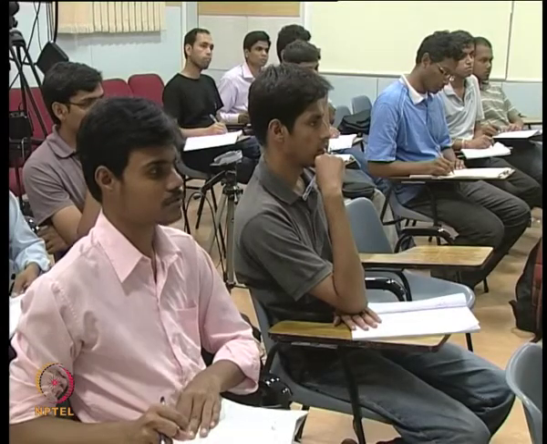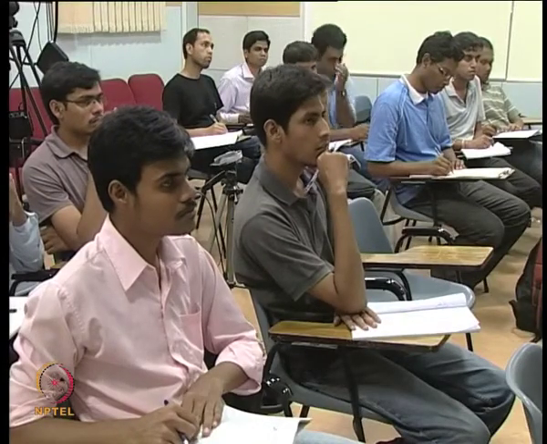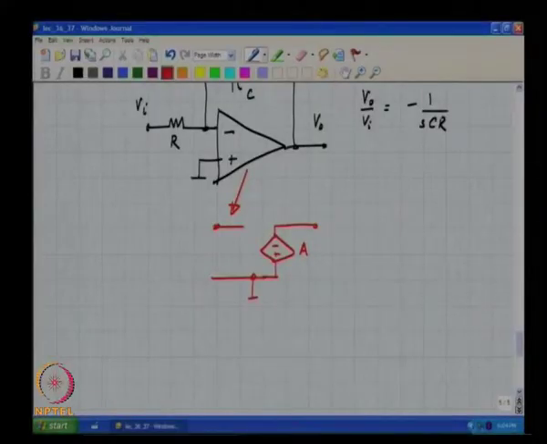Have you all been through two stage op amp design at this point in analog ICs? Okay. If you make the op amp a voltage controlled voltage source, by definition the output impedance has to be small. What kind of single transistor stage gives you a small output impedance? A source follower.